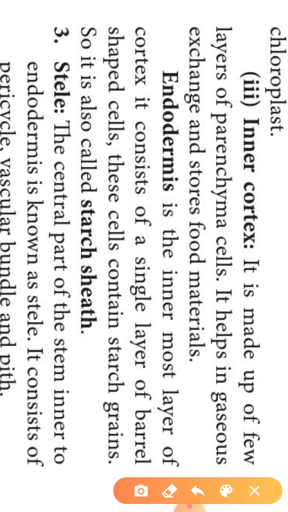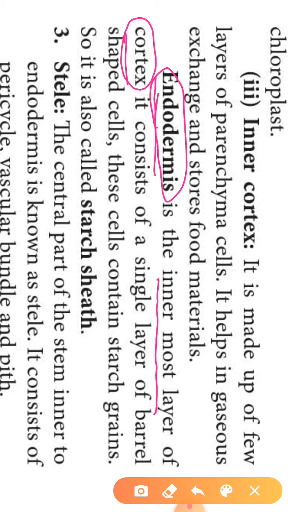Next, endodermis. It is the innermost layer of cortex. Cortex means multi-layer large zone. Endodermis is a single layer of barrel-shaped cells.